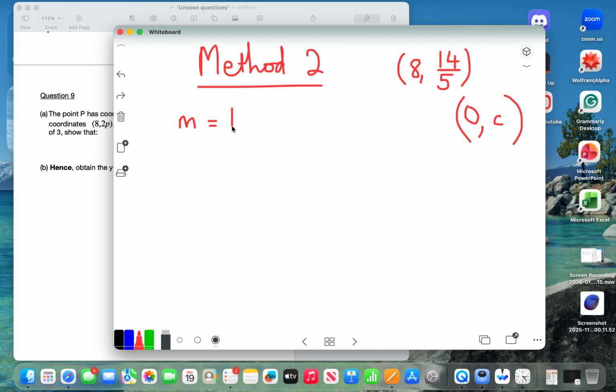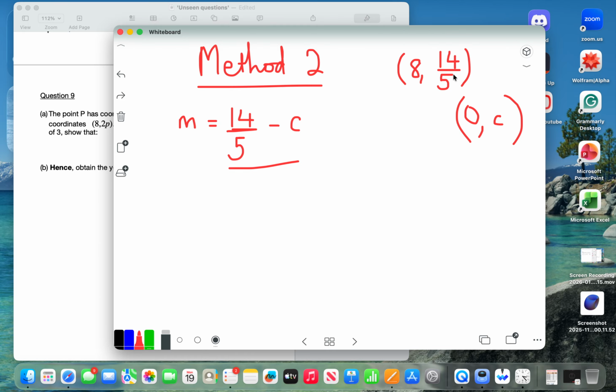So that'd be 14 over 5. You take one of the y coordinates minus the other, which is c, the unknown. Then you take away the x coordinates. Now the 8 is the x coordinate corresponding to 14 over 5.